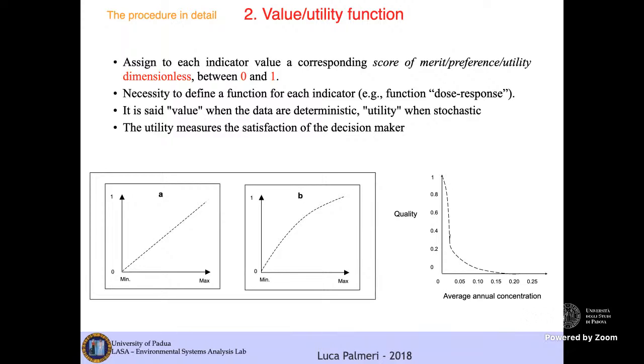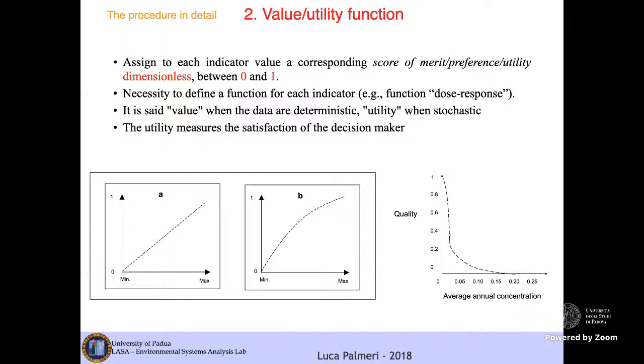The value utility function is a little bit more sophisticated, and it is not only a mathematical function. Instead, it requires some understanding or some knowledge of the process, and you assign to each indicator value a corresponding score of merit, preference, utility.